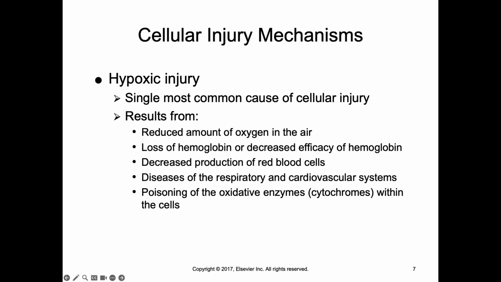An example would be fluid in the lungs, for instance, which can come from a variety of disease conditions. And then there is poisoning of oxidative enzymes within these cells. A couple of examples we'll talk about are cyanide and carbon monoxide. There are a few others.